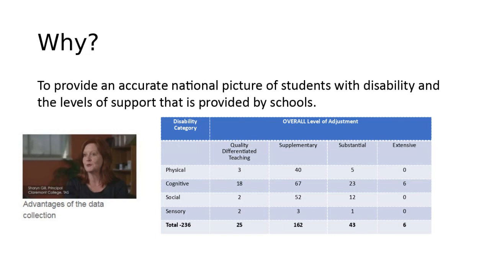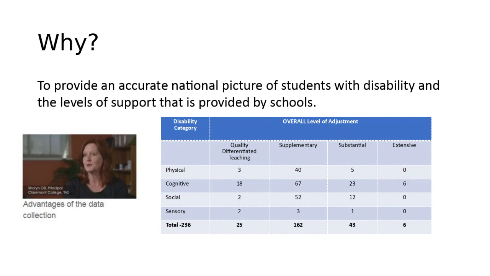So it's supposedly, or aims to be, an accurate national picture of students and the level of support that the school provides to them. It doesn't ask for any identifying information of the student. All it asks for is the number of students within these categories.